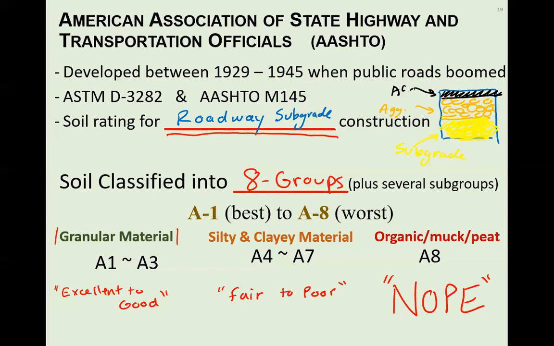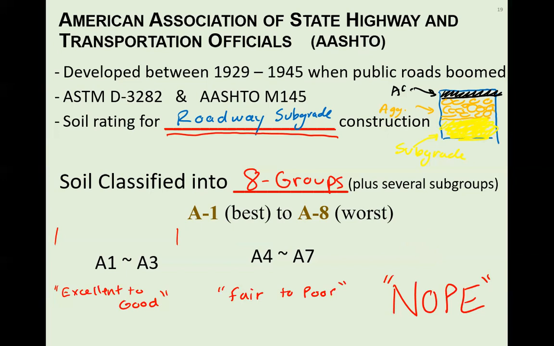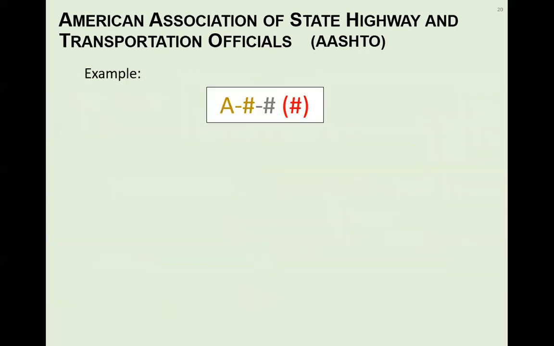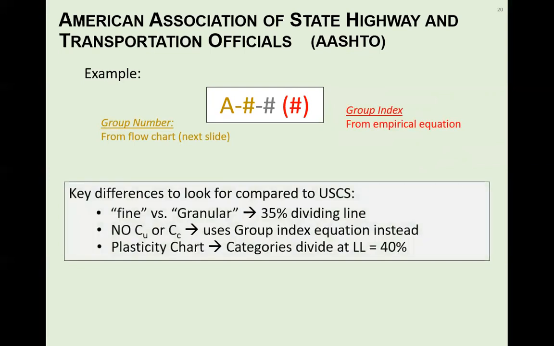Now, for the granular material and for the silty clay material, we have several subgroups too. The actual rating that you'll see looks something like this. There's the A and then the primary number, then you'll have a subgroup number, and then you could also potentially have a group index. The A1 through A8, that's this gold number here, what was on the previous slide.